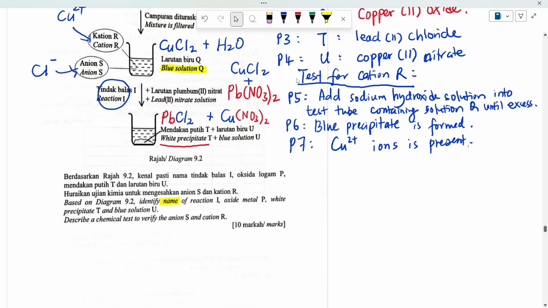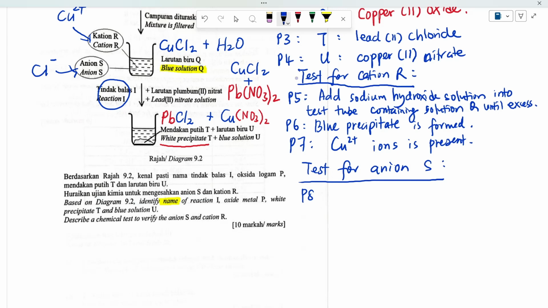Okay, now another 3 marks is a test for anions. So the anion is chloride. So for chloride, what is the chemical that we use? Nitric acid followed by silver nitrate.